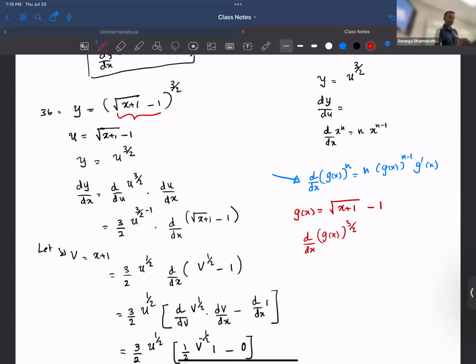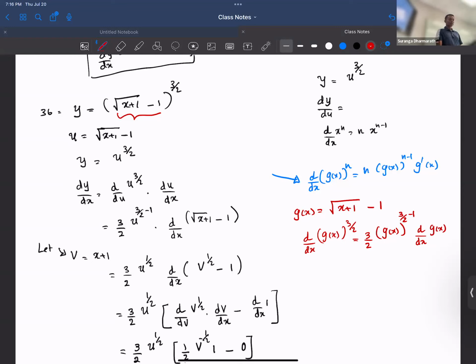Then you can write, according to this equation, 3 halves g of x to the power 3 halves minus 1, times d over dx g of x. That's the g prime of x, right? Then you can find d over dx g of x.